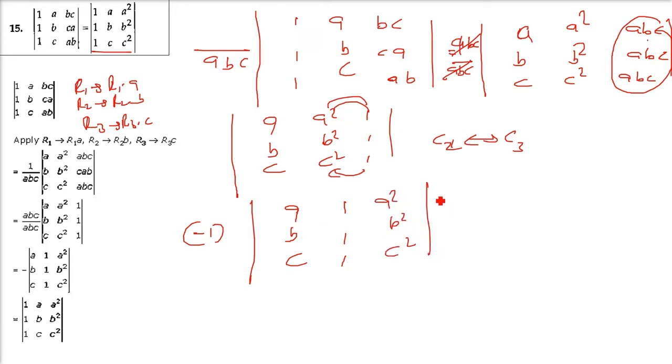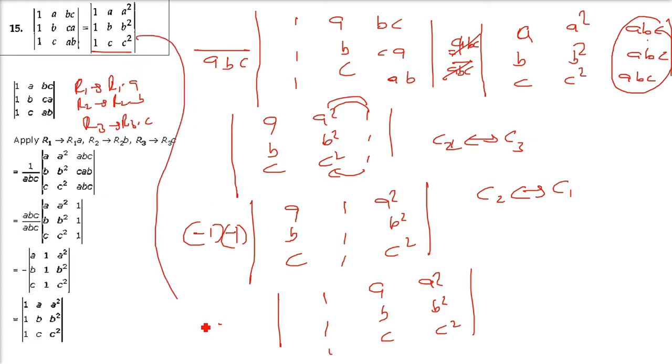Now we still have to match the answer. So C2 and C1 we will exchange. When we change the columns, minus 1 will come outside. So 1, 1, 1, a, b, c here, then a squared, b squared, c squared. And minus 1 into minus 1 is going to be plus 1. So this is the answer.